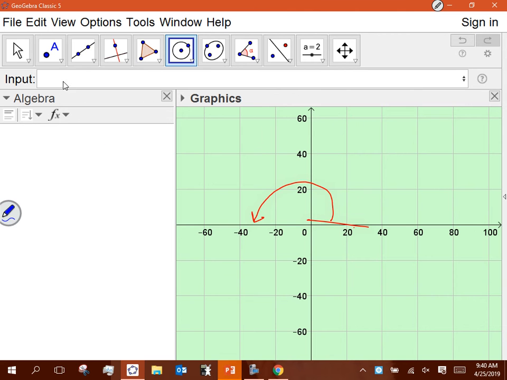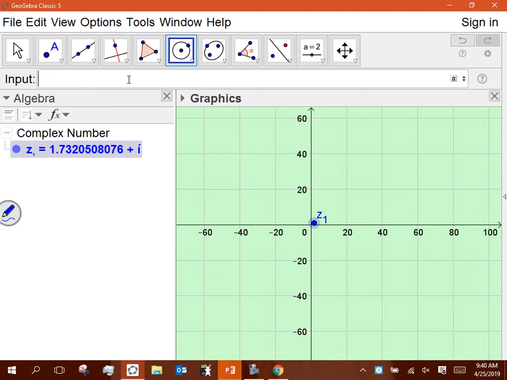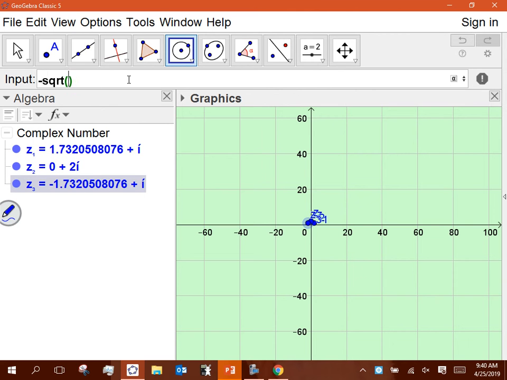So let me type those in real quick here, and then we'll see some relationships. We have square root of 3 plus i, 2i, negative square root of 3 plus i, negative square root of 3 minus i, negative 2i, and square root of 3 minus i, right?